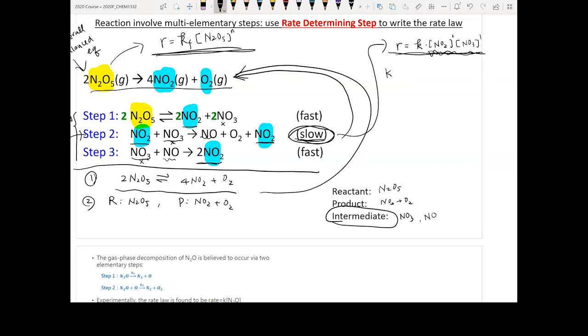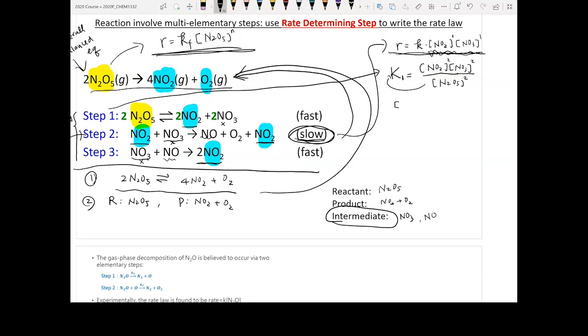So if you look at the first elementary step, you can write out your equilibrium constant, capital K1, which equals NO2 to the second power, NO3 to the second power, divided by your N2O5 to the second power. I can move my N2O5 to the left, and then take the square root of this.